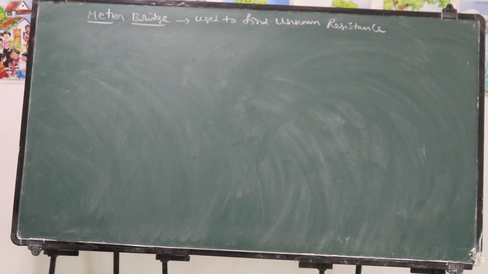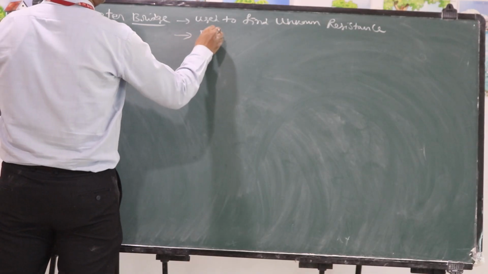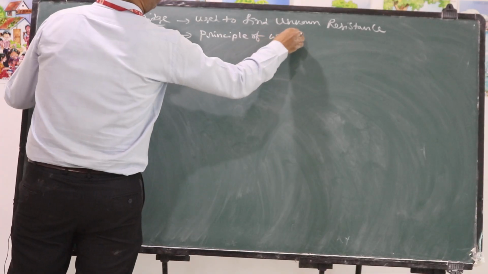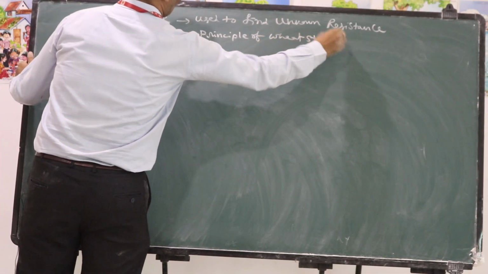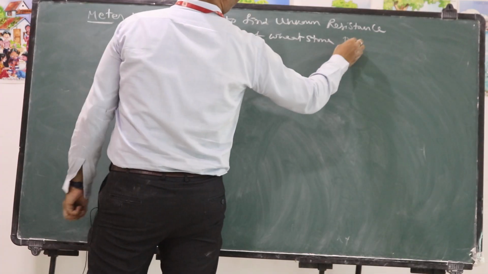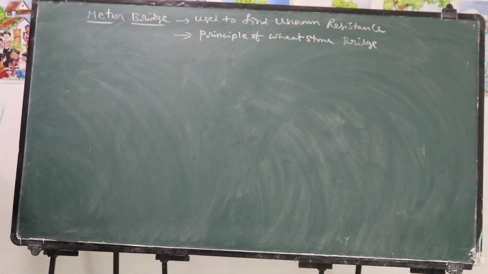Meter bridge is an instrument which is used to find unknown resistance. It works on the principle of Wheatstone bridge.